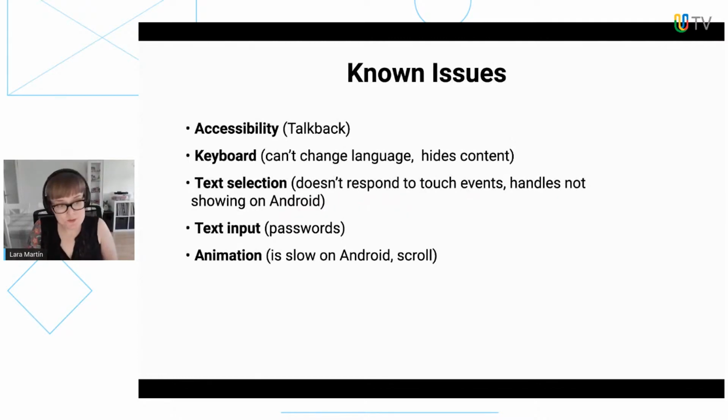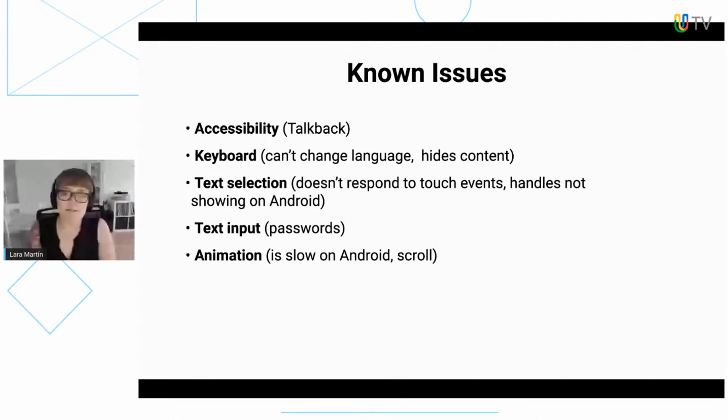And about issues that I've known until now, and still now, since it's using the regular rendering system for platform views, this plugin has a lot of issues that are still there. Going from accessibility issues where, for example, TalkBack will not work properly, issues with the keyboard where you cannot change the language or it's not popping up in certain cases.